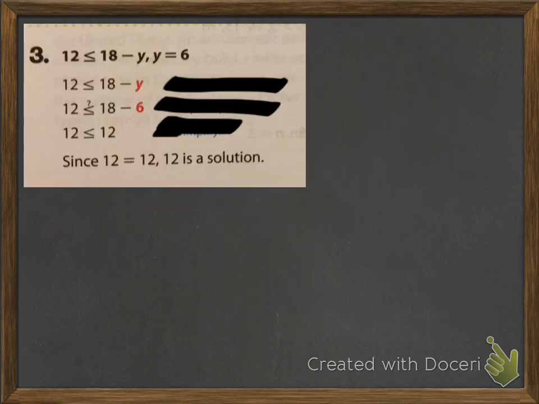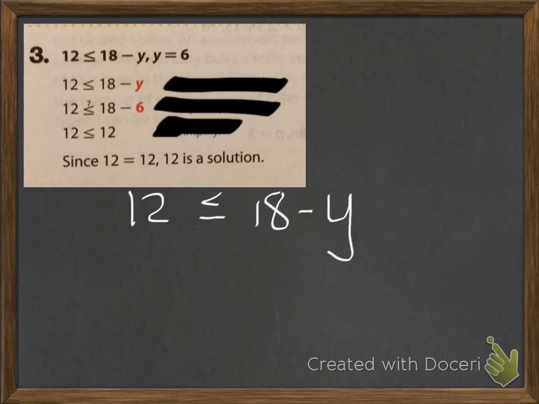All right, so here in example 3, it says 12 is less than or equal to 18 minus y. So again, we're going to write 12 is less than or equal to 18 minus y. And they want to know if this is true when y is 6. So you're going to copy the problem again because this is our substitute. 12 is less than or equal to 18 minus, and then this is the part where it changes.